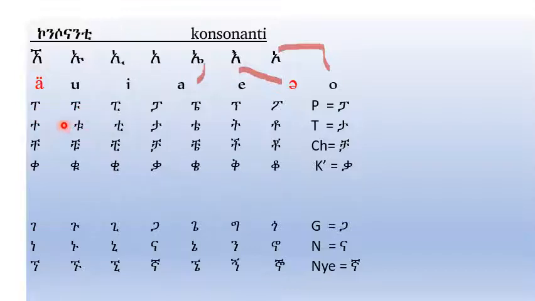Okay. Now T. The Amharic T, you put the line in the middle. Its equivalent is Ta in Swahili. Tu, Ti, Ta, Te, To. How do we write Ta?